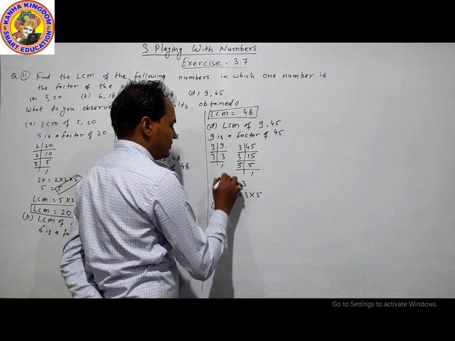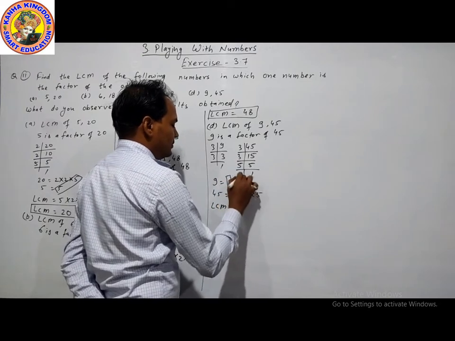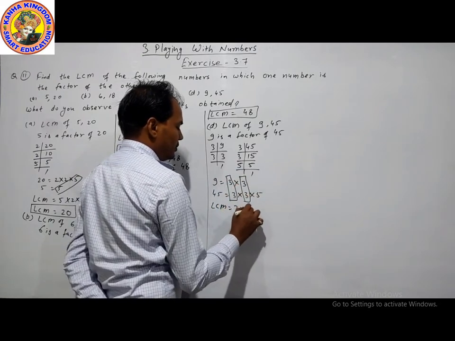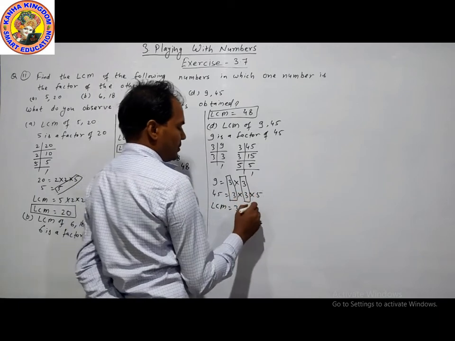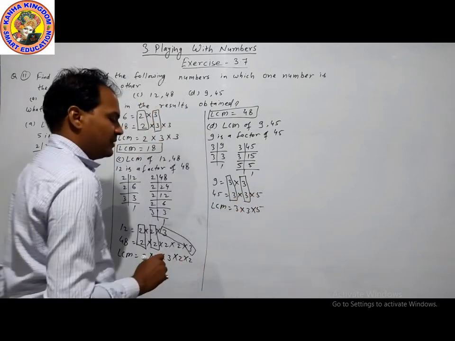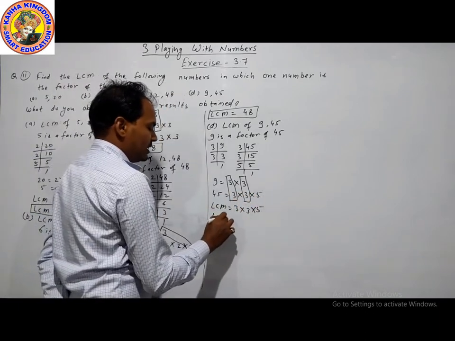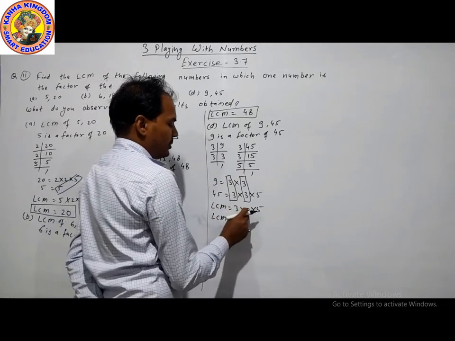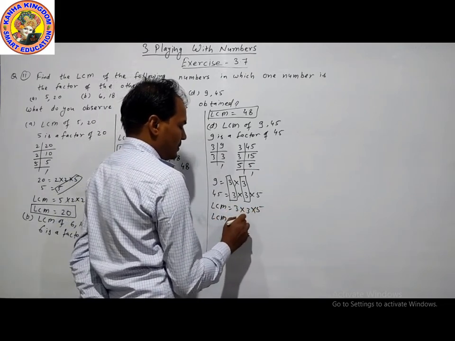LCM is 3, 3. These are the common. Now remaining factor 5. So LCM is 3 into 3, 9, 9 into 5, 45.